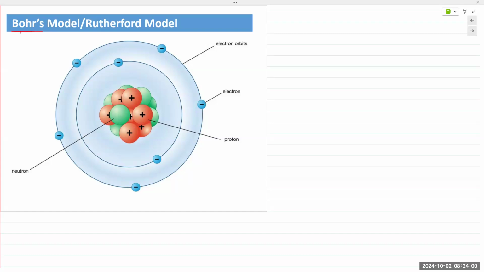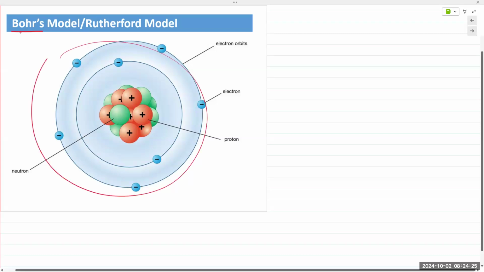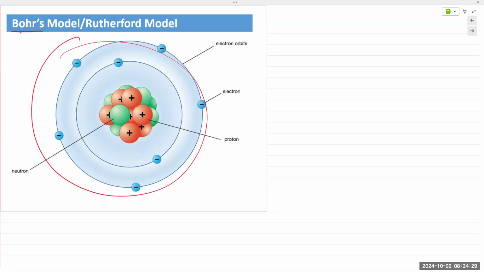Many of them just passed through. Some got deflected at large angles, but most just passed through. So he postulated that the atom is mostly empty space, with electrons orbiting around a nucleus. The nucleus is positively charged because of protons and neutrons.